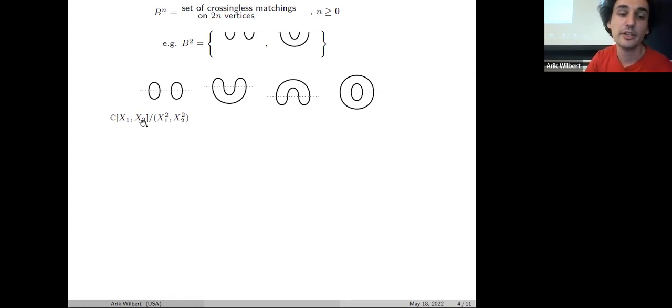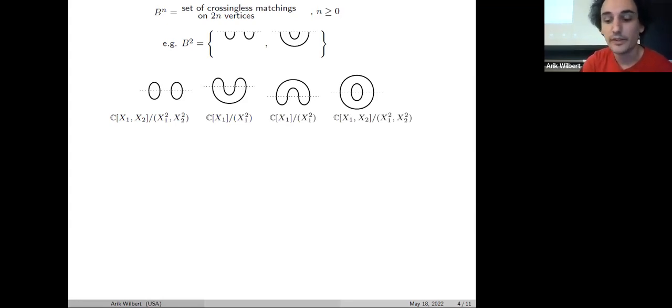I count the circles and assign to this a quotient of a polynomial ring in the respective number of variables, corresponding to the number of circles. So the first one is a quotient of a polynomial ring in 2 variables, then a quotient of a polynomial ring in 1 variable, and a 2 variable one. Then I can sum them all up, and this is the underlying vector space of the corresponding arc algebra, in this case H2.